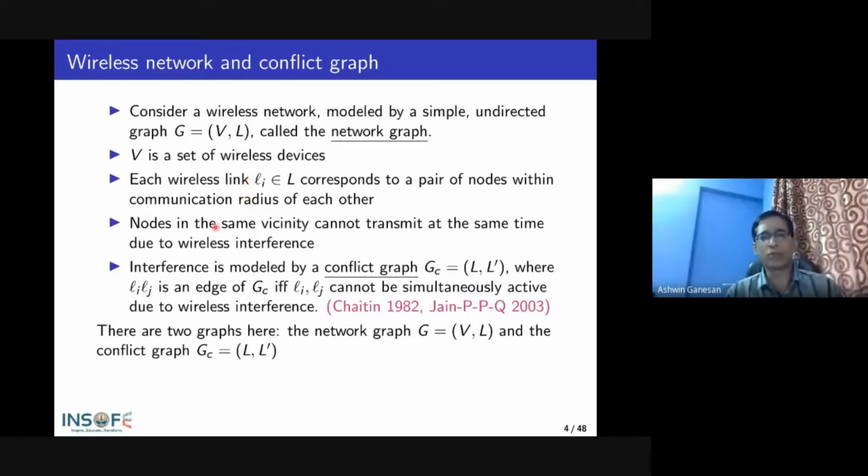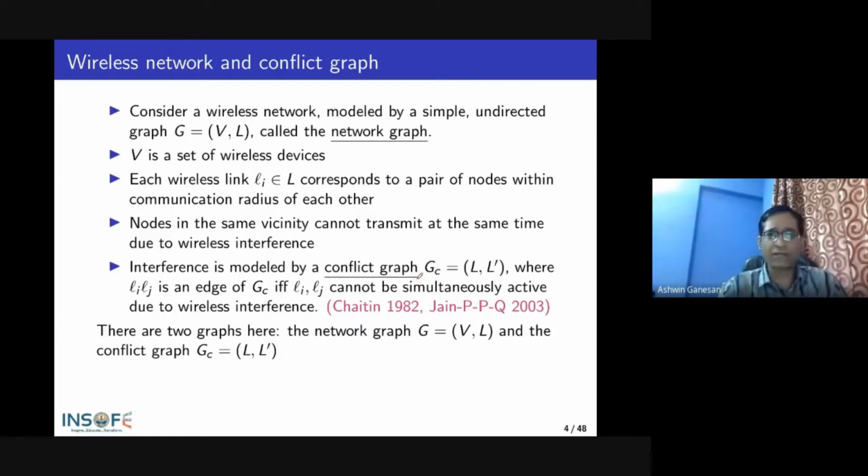Now the problem is that nodes in the same neighborhood cannot transmit at the same time due to wireless interference. They're all using the same frequency band, and therefore they must take turns transmitting. Which pairs of wireless links interfere with each other is modeled by a conflict graph, by the adjacency relationship in the conflict graph.